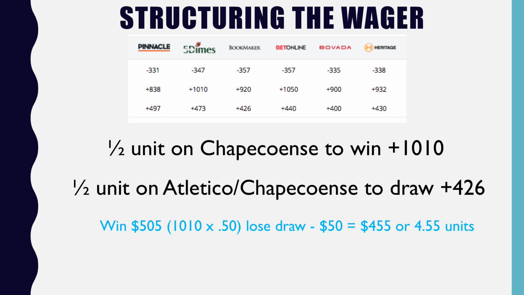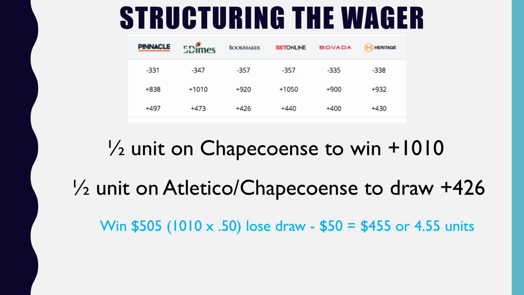So in this particular example, he's wagering $50 on Chapecoense to win, and if they do win, then you would win $505 total. And how you figure that is you take the 10-10 odds times 50%, wagering half a unit, and you have to subtract the draw because we wagered a half unit on the draw, and that comes to $455 or 4.55 units. Incredible value. So I've talked about this in another video, minimizing risk.